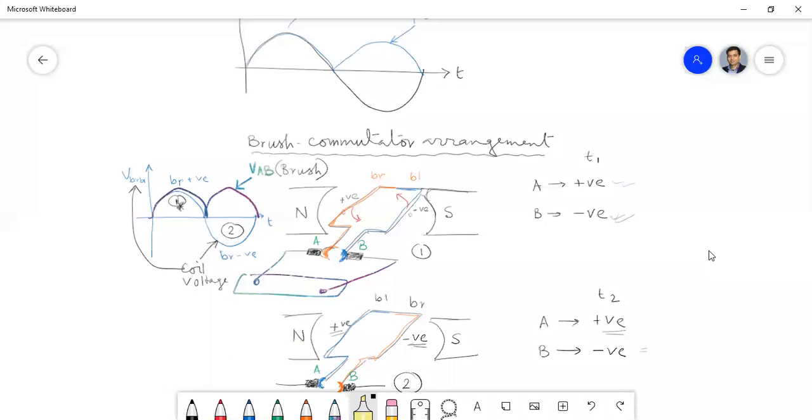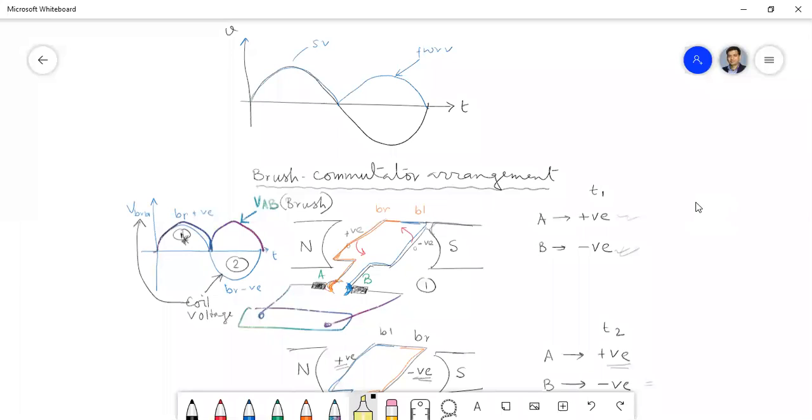And then we discussed the operation of a DC generator and specifically how the alternating voltage which is getting induced in the coil is rectified by the use of brush and commutator arrangement. As we need only a DC at the output terminal of the DC machine, we have to rectify the waveform.